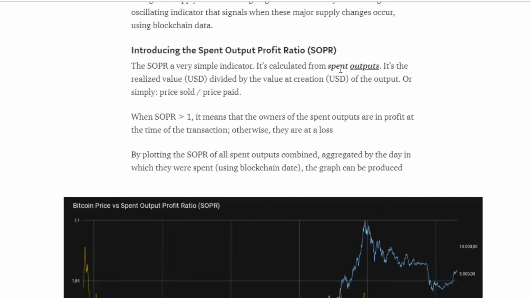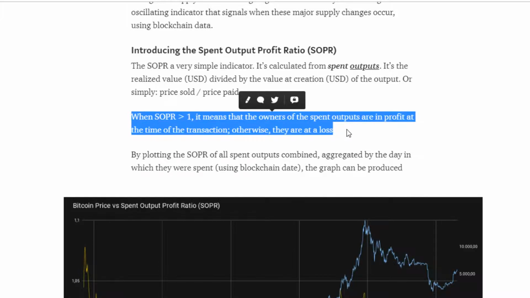But if the price is lower than what it was when you sent it, then it would show as a negative. So when the SOPR is more than 1, it means the owners of the spent outputs are in profit at the time of the transaction. Otherwise, they are at a loss.